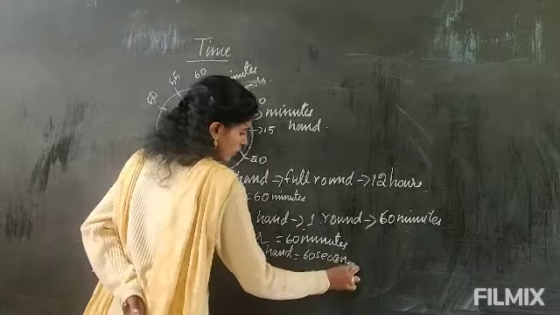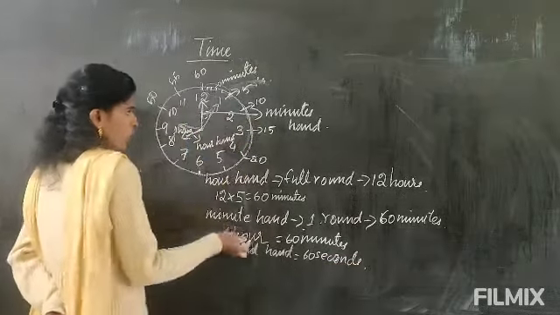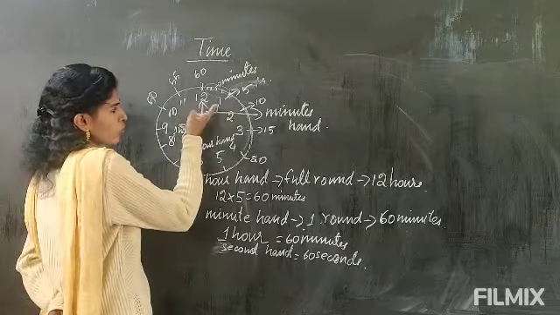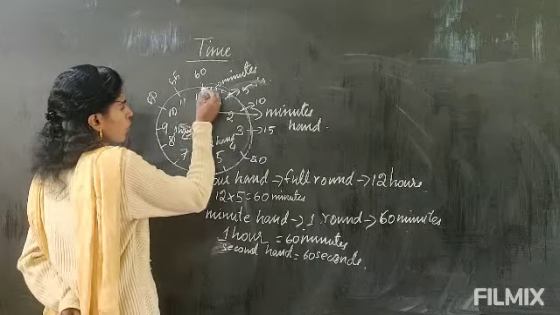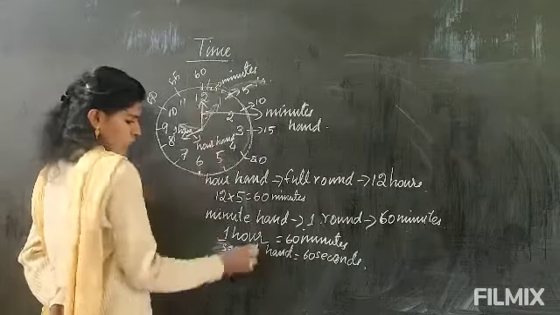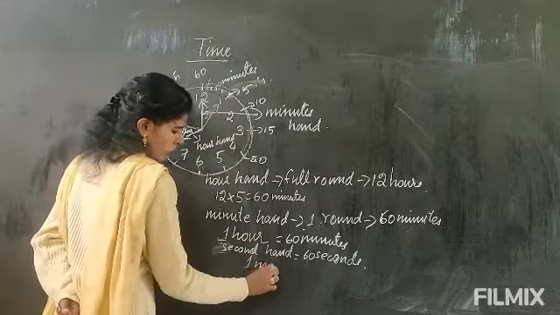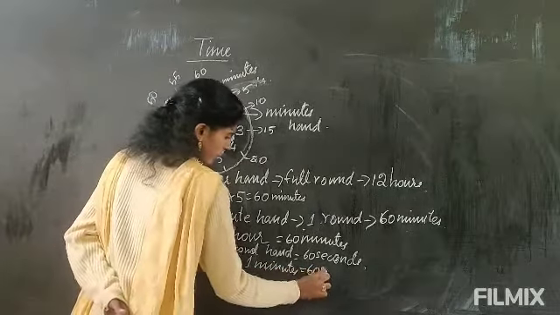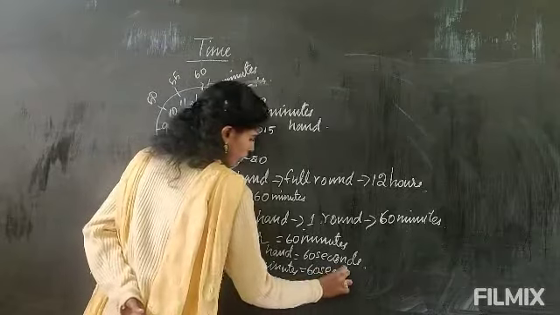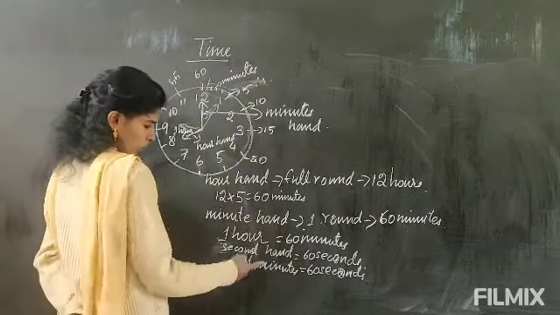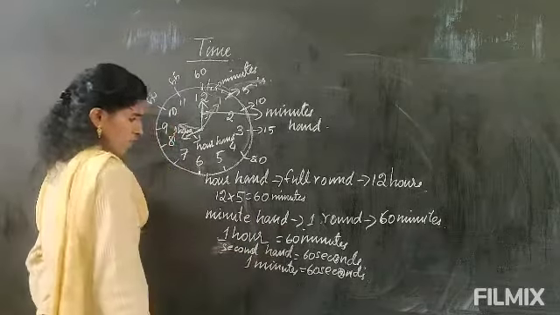In that time the minute hand will move from one minute to the next minute only. So we can take 1 minute equals 60 seconds. This you must remember: 1 hour equals 60 minutes, 1 minute equals 60 seconds.